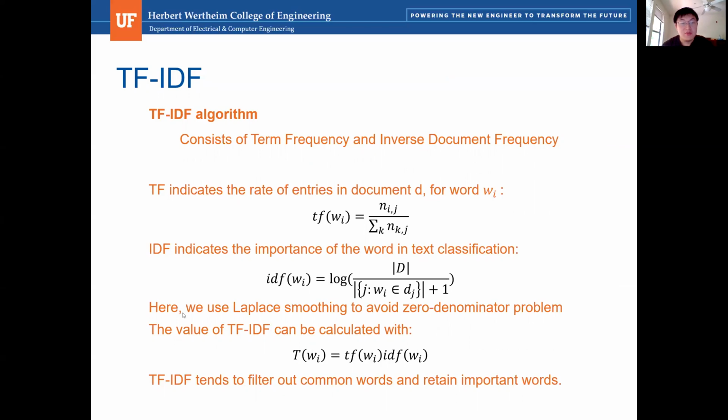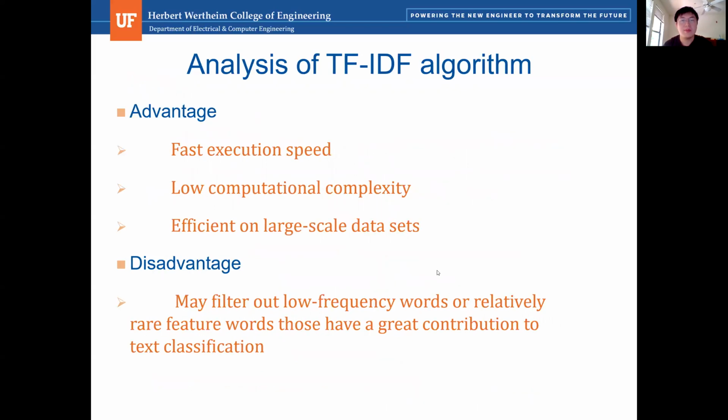It is obvious that we use Laplace smoothing to avoid the zero denominator problem. Then the value of TF-IDF can be calculated by multiplying the TF and IDF. This algorithm tends to filter out common words and retain important words.